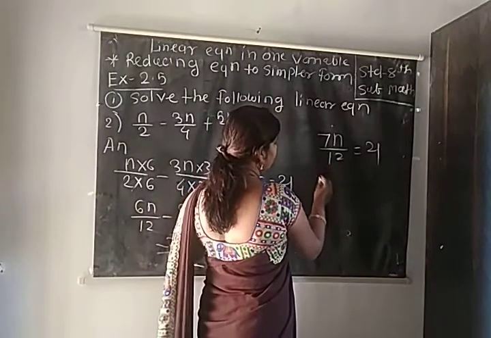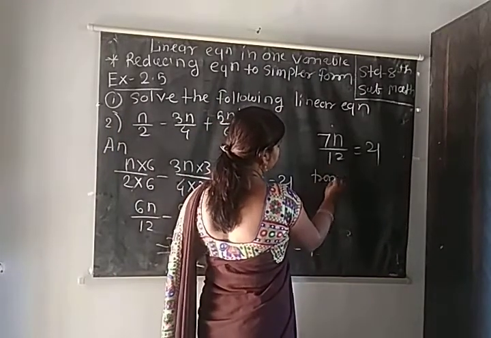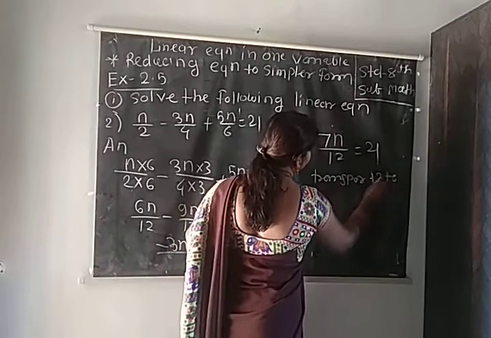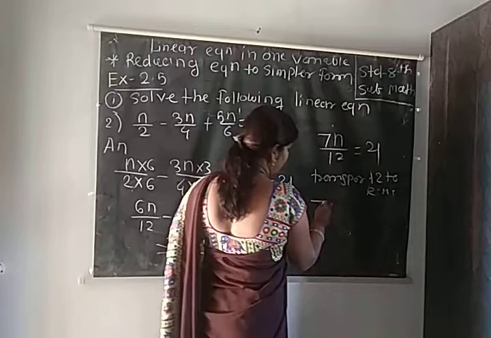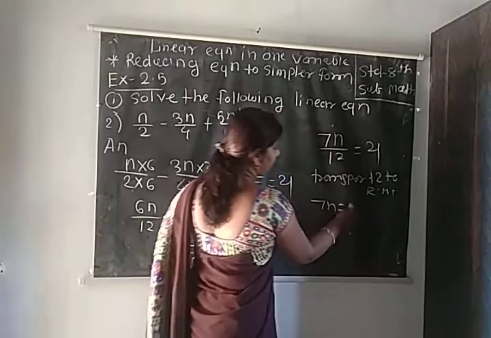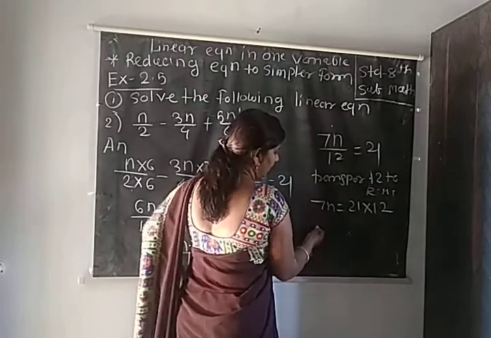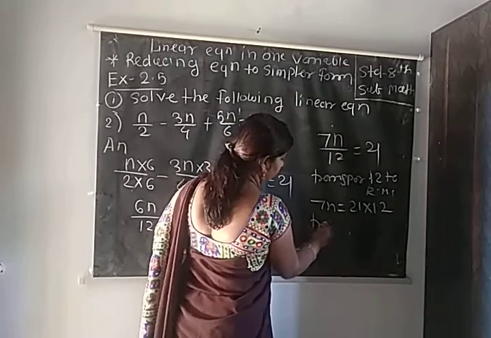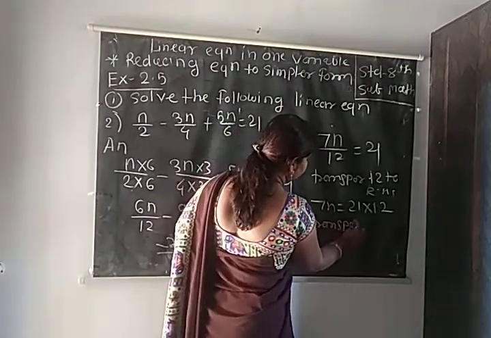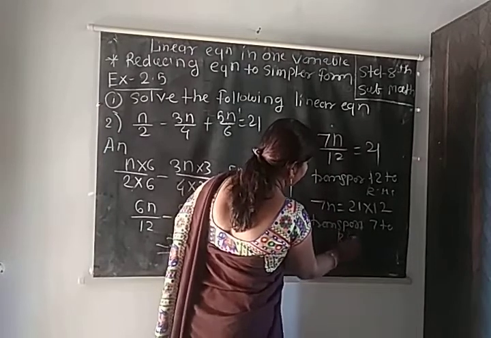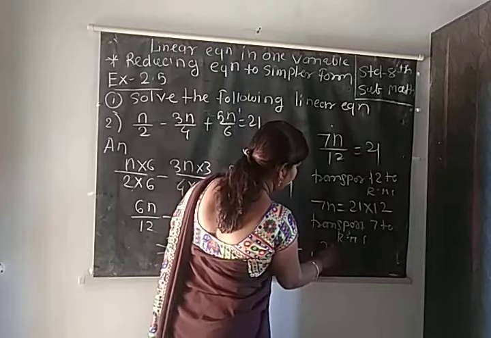So solve this. Firstly, we transport 12 to RHS. So 7n is equal to 12 डिवाइड करो, वहां पे क्या होगा? मल्टीप्लाई. सो 12. अब हम क्या करेंगे? फिर से ये 7 ट्रांसपोर्ट करेंगे. सो ट्रांसपोर्ट 7 टू RHS. सो RHS यहाँ पे मल्टीप्लाई, वहां पे जाके क्या हो गए? डिवाइड.